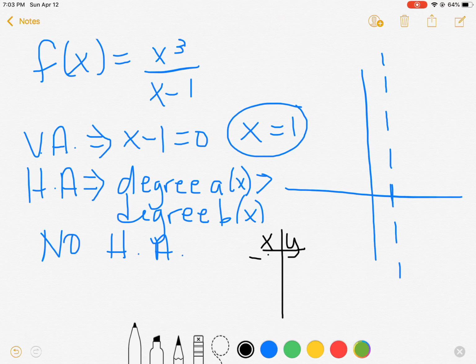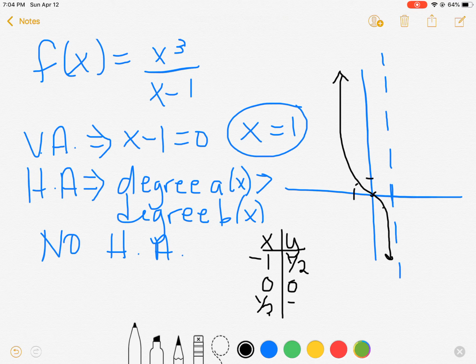For example, if I substitute -1 in, I get 1/2. If I substitute 0 in, I get 0. If I substitute a positive 1/2 in, then I get a negative decimal value. And so my graph looks something like this, approaching the asymptote but never touching it.